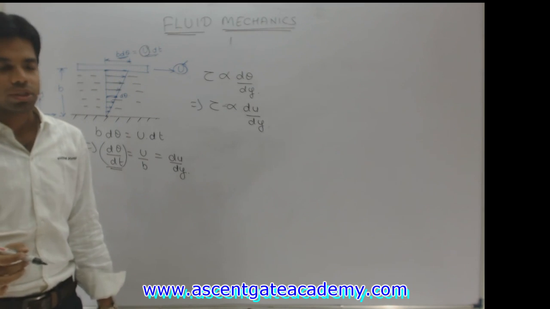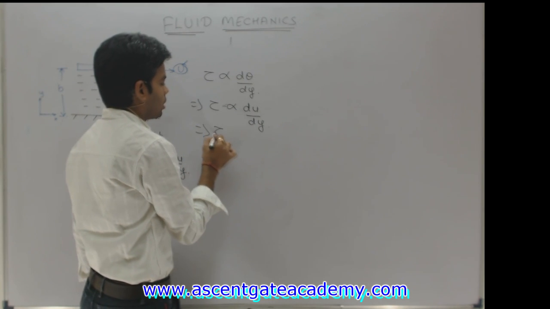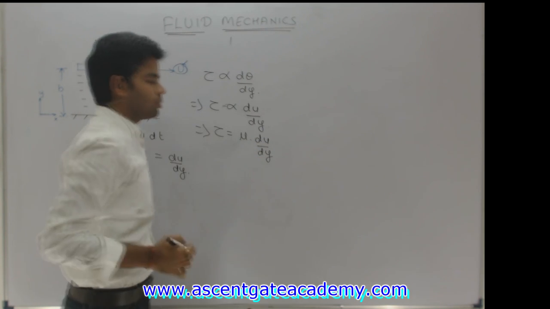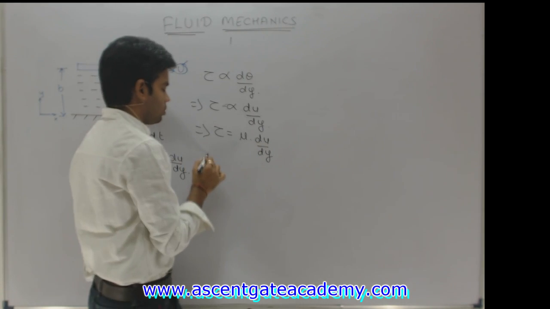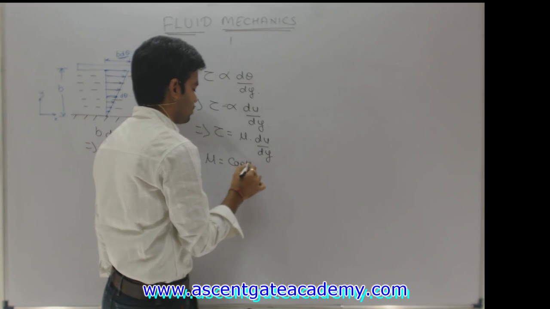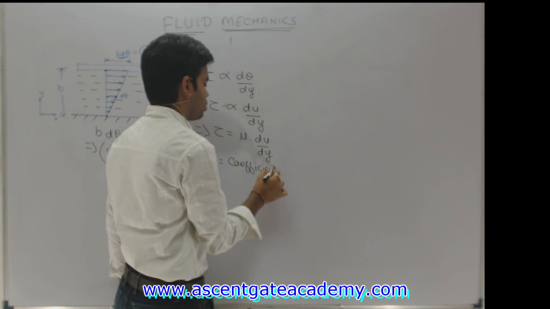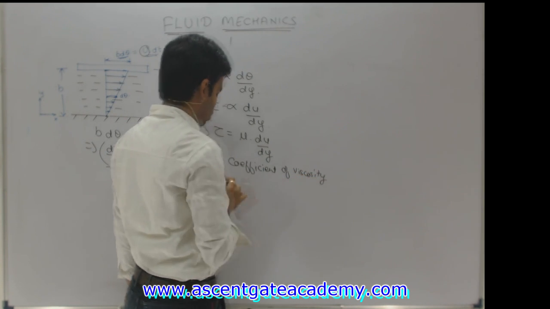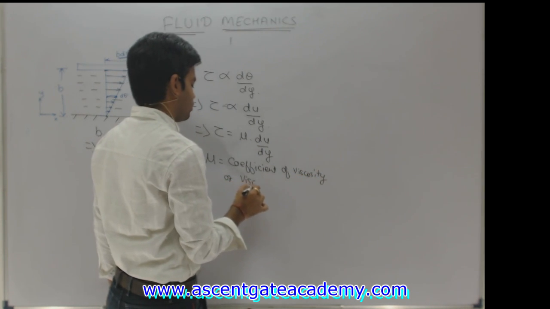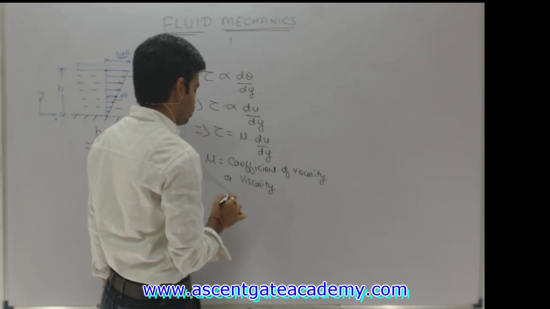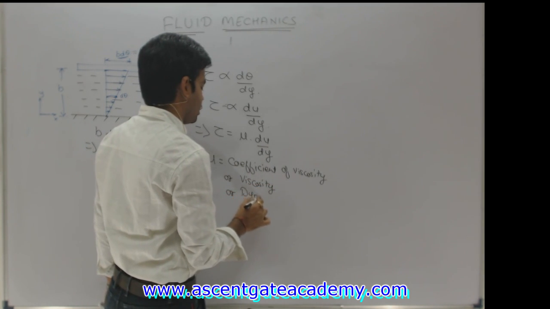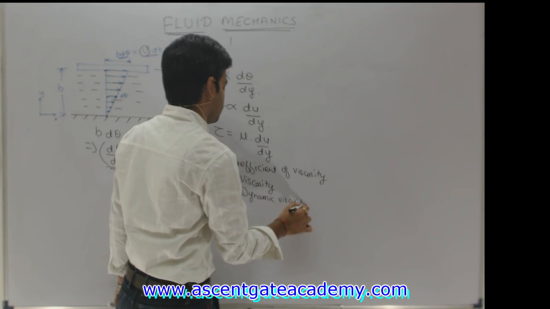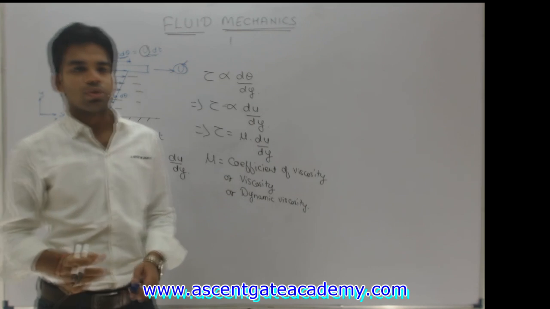If you remove the proportionality sign, you get tau is equal to mu into du by dy, where mu is a constant, and this mu is nothing but the coefficient of viscosity, or simply viscosity, or dynamic viscosity.